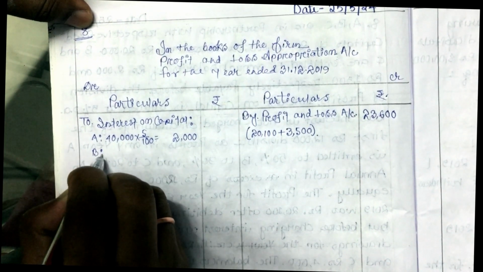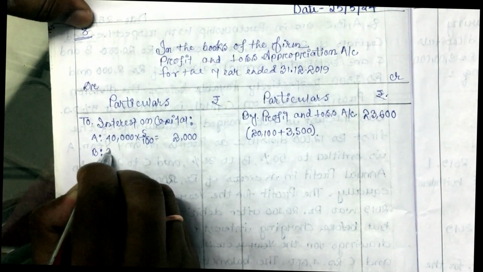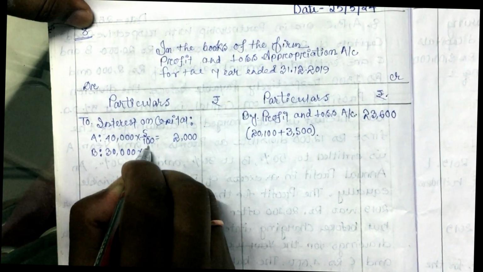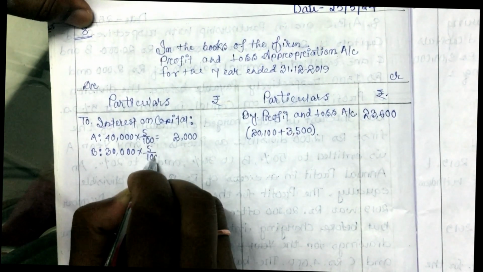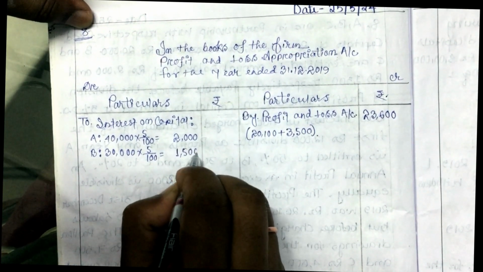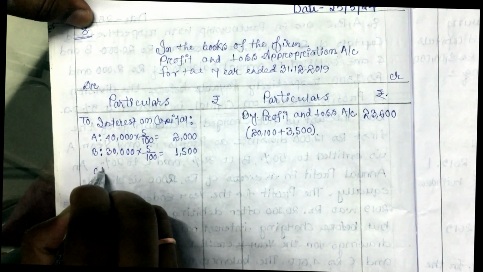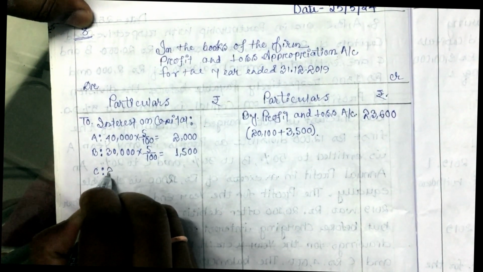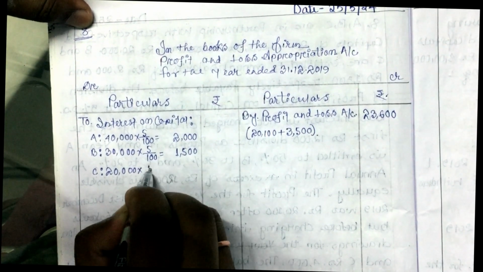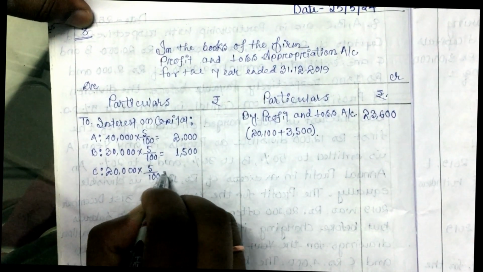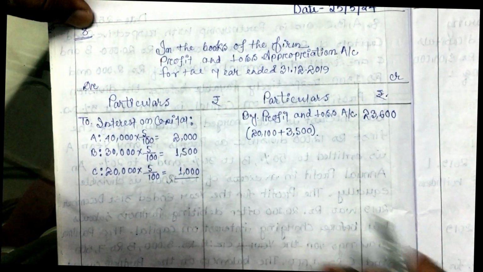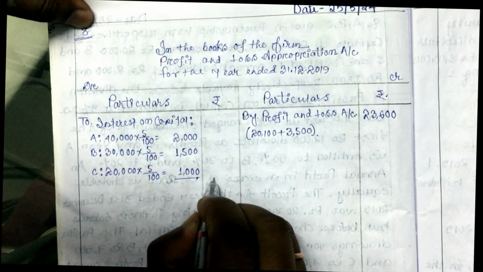B is entitled for 5% interest on his capital investment, which was rupees 30,000. 5% of 30,000 will be rupees 1,500. And C is also entitled for the same on his investment 20,000. It will be rupees 1,000. So total amount of interest will be rupees 4,500.